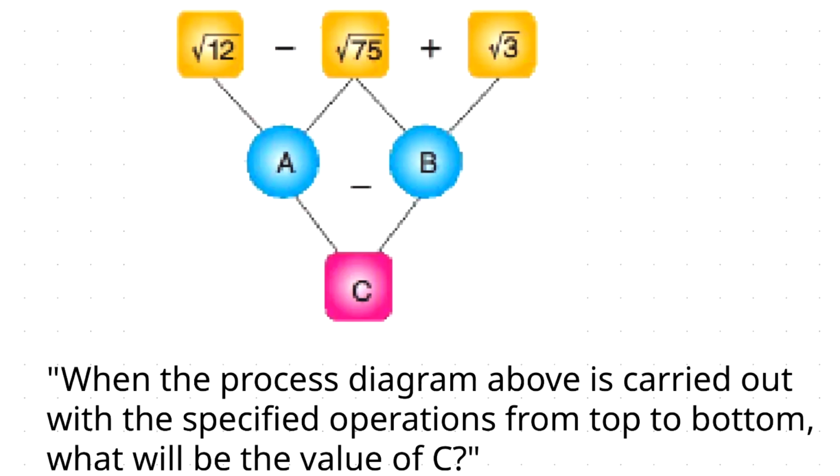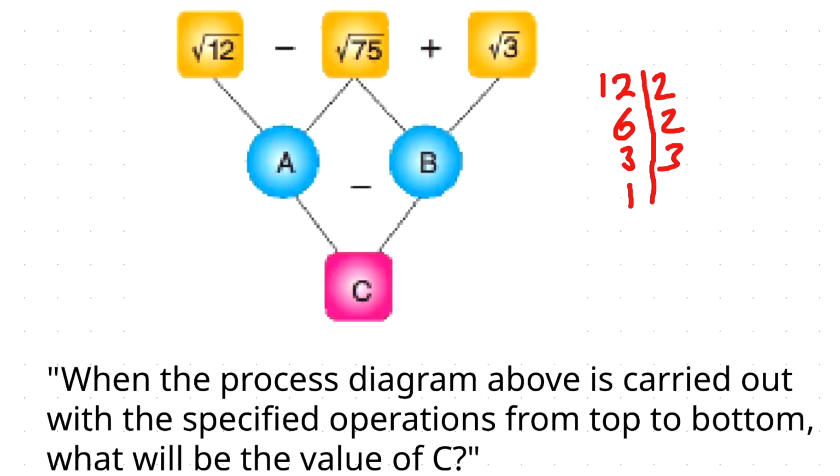Square root of 12. If you don't know what the square root of 12 is equal to, you can break it down this way. 12 divided by 2 is 6, and 6 divided by 2 is 3, then you divide 3 by 3, and you will have 1.